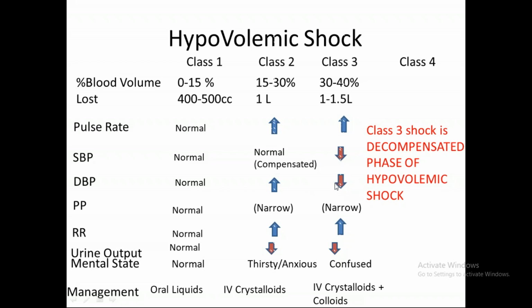Blood loss is too much, there is no blood to even cause peripheral pooling, so the diastolic blood pressure will also decrease. Pulse pressure will remain narrow, respiratory rate will increase, urine output will decrease. Mental state is that the patient would be confused. Management would be IV crystalloids plus colloids. So class 3 shock is the decompensated phase of hypovolemic shock.